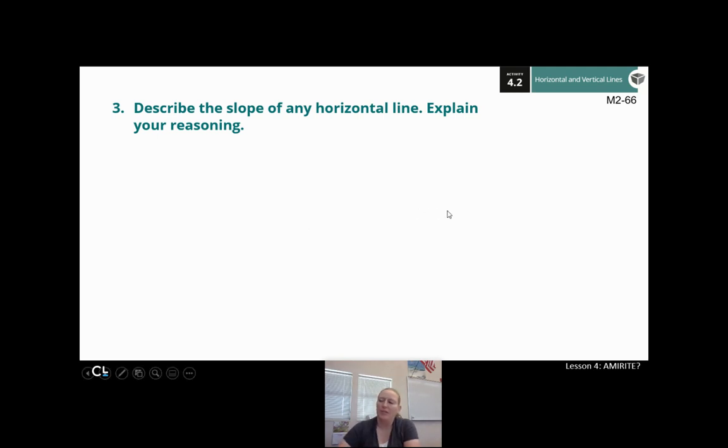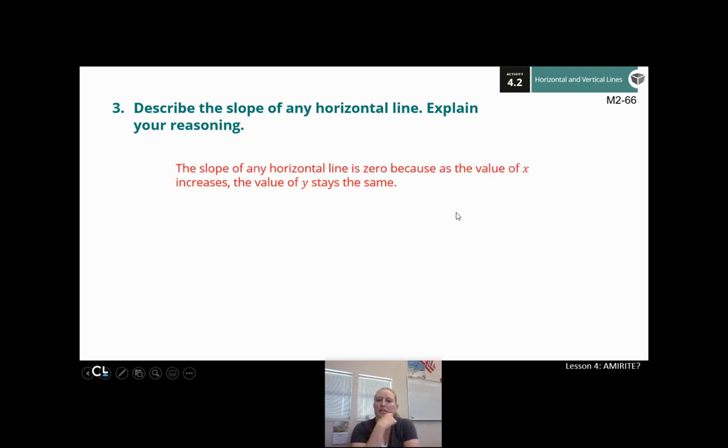So the slope of any horizontal line, guys, is 0. Because as the value of x increases, the value of y stays the same. It doesn't matter how much x moves. There's no up or down happening there. And if you want to see it mathematically, with numbers, it might make a little more sense. I busted out my slope formula here: difference in the y over difference in the x.